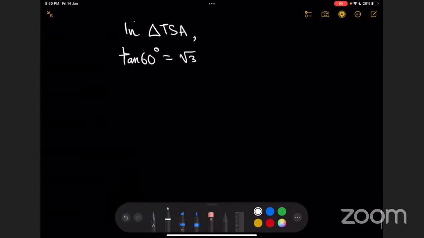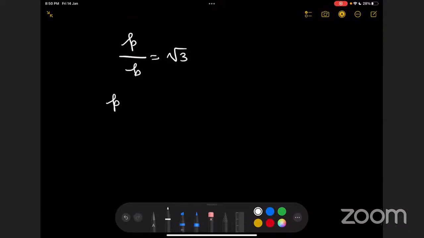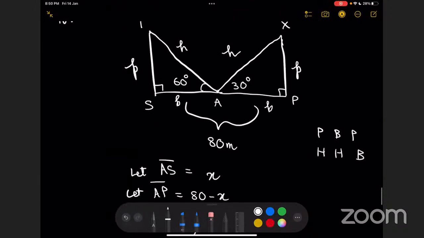That's P upon B. We don't know P, so P upon B equals root 3. We know B is x, so P equals root 3x.